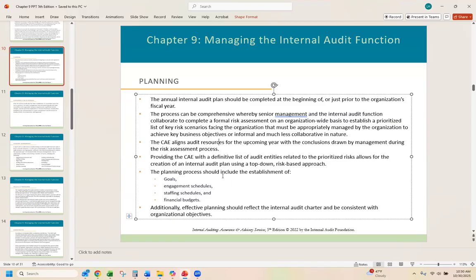The planning process should include the establishment of goals, schedules, staffing schedules, and financial budgets, and it should reflect the internal audit charter and be consistent. That all makes sense. Now, this financial budgets piece is something I didn't think about with resources. Yes, people are resources, but you do have budget limits, and not just from a money perspective but from a time perspective.